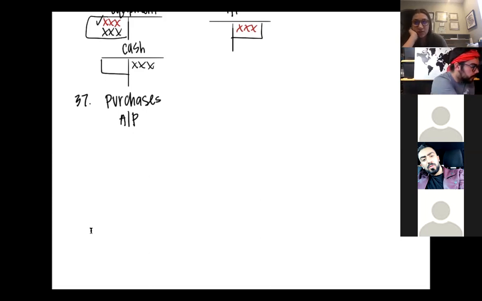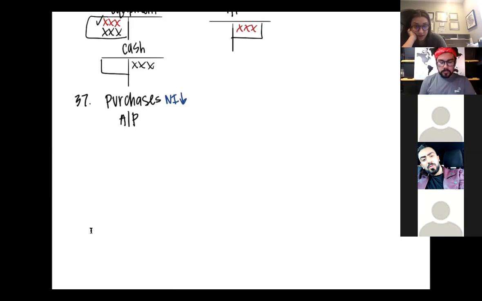Or what does it affect? Does it increase or decrease it? Why do you say increase? Purchases is an expense. So it's going to decrease it.